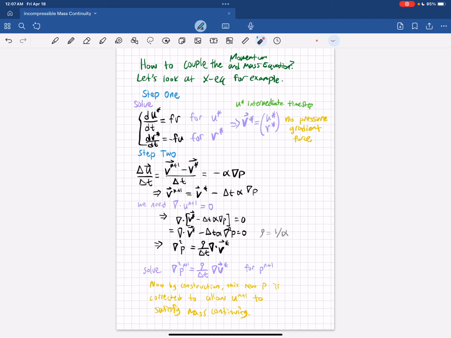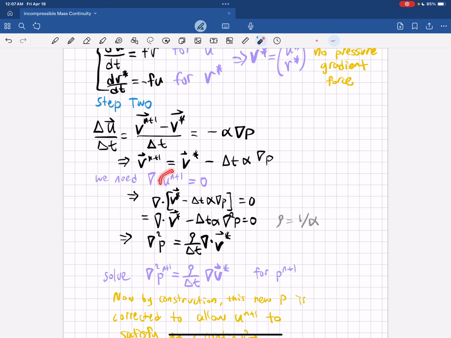And that's equal to the pressure gradient, which we just ignored over here. So we can solve this equation: it's v star minus delta t times the pressure gradient force.